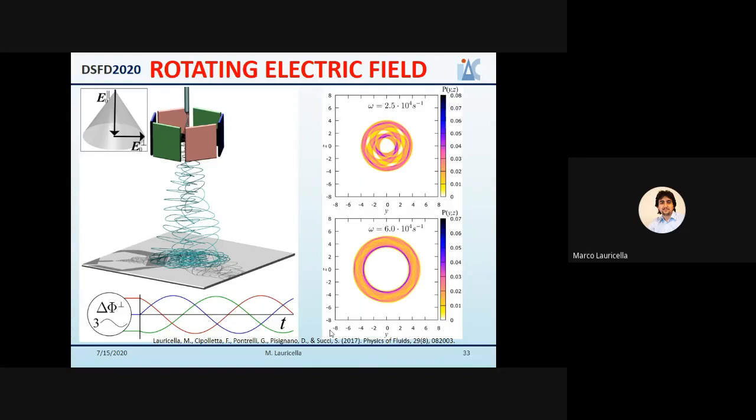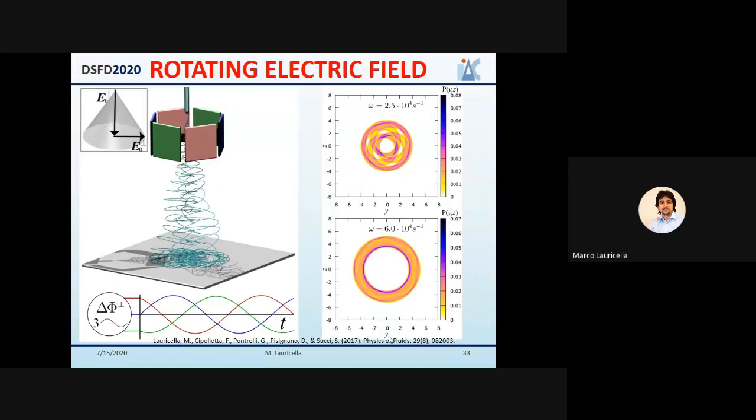There is also another mechanical oscillation of the nozzle itself, and by tuning the frequency of these rotating electric fields, we were able to observe the formation of different patterns of the filaments at the collector.